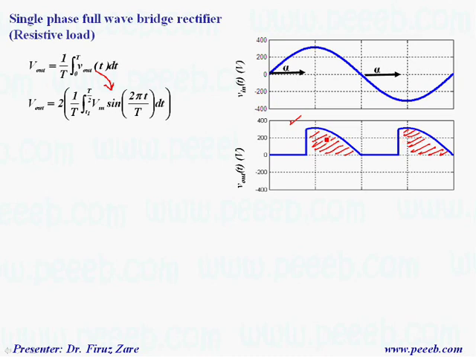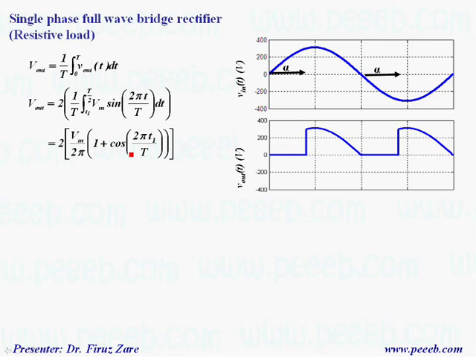In the previous rectifier, we already calculated this part, and because this area is almost the same as this area, as the firing angle is the same, in this case we can just concentrate on one of these areas, which starts from T1 till T over 2. So that's why we can simplify this equation into this equation.